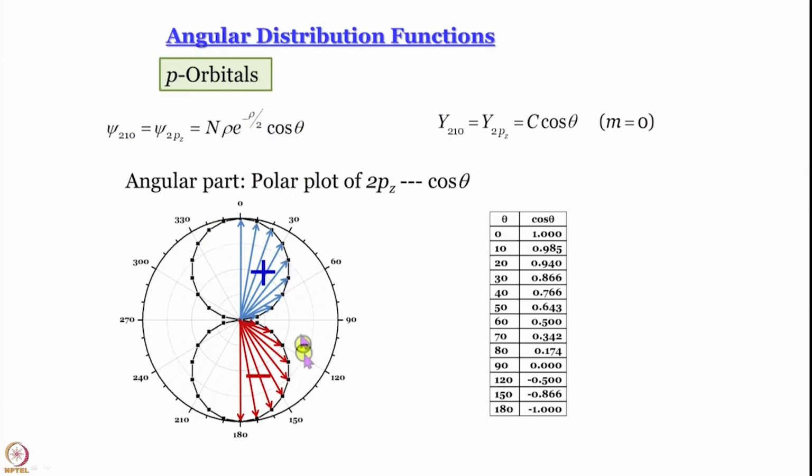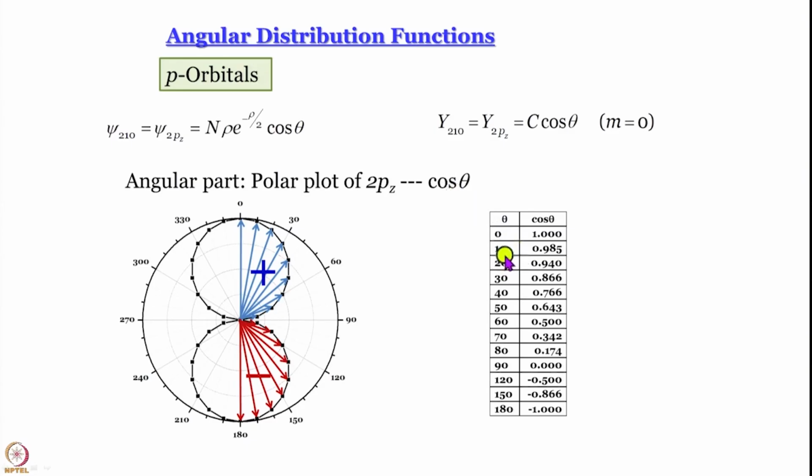How do we plot cos theta? I will just do a quick recap of what we had discussed 2 or 3 modules earlier. This is a polar graph paper. Remember, the independent axis is the angle, the dependent axis is the length. Here is a table with increments of 10 degrees of theta and cos theta, the function we are interested in.